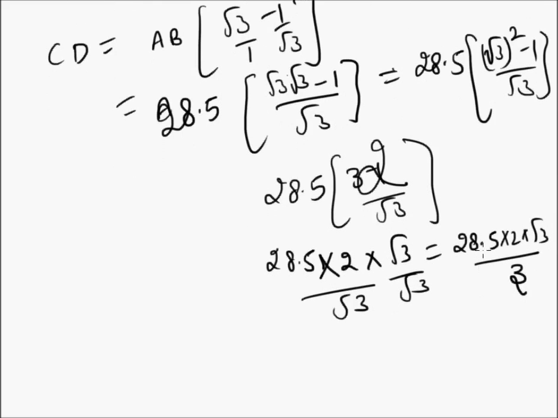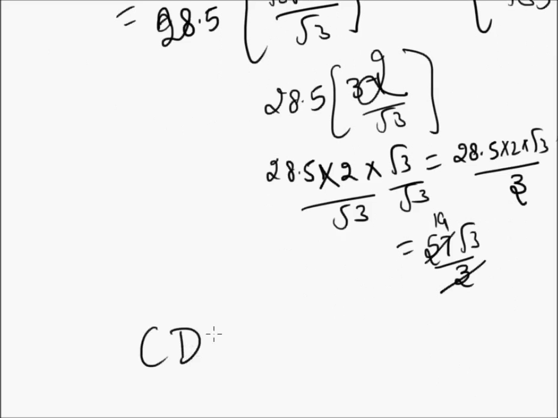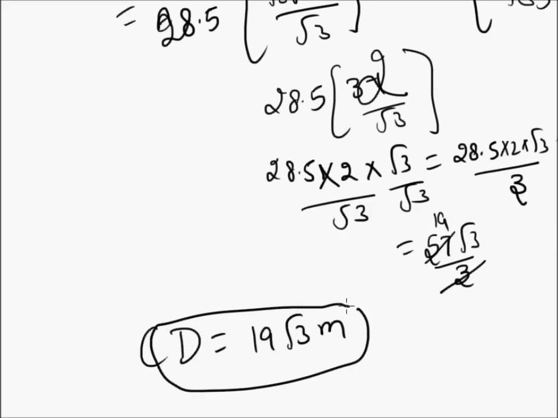Now 28.5 into 2 is 57. This 57 is the 19th multiple of 3. So CD, the required distance, the required result is 19 under root 3 meters.